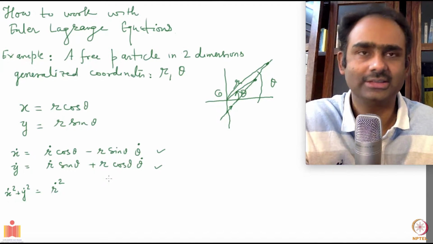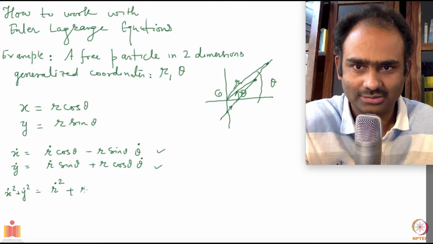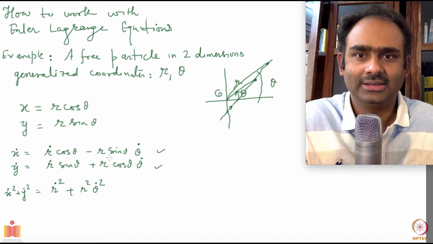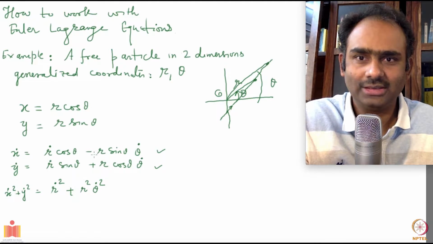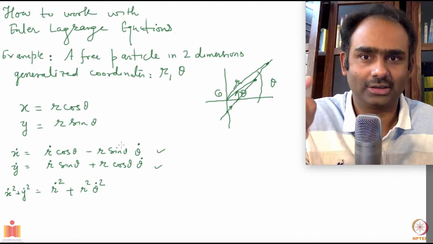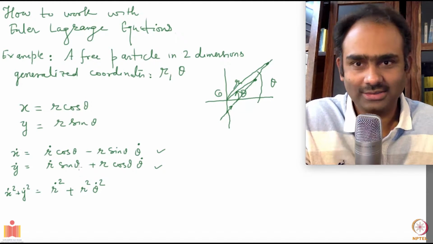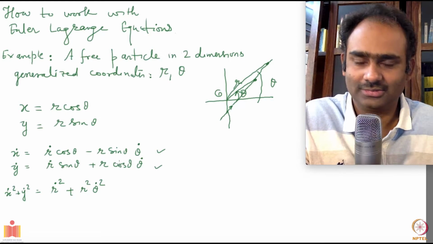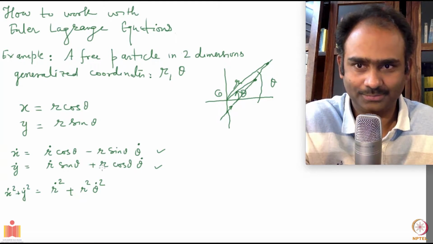Again I use the identity, sin squared theta plus cos squared theta is 1. It goes away, so I get r squared theta dot squared. Then there will be the cross terms. From this one you'll get minus 2 r dot r sin theta cos theta theta dot, and here again you get 2 r dot r sin theta cos theta theta dot. All the terms are identical, only the differences in the sign, so they will cancel when you add them up.